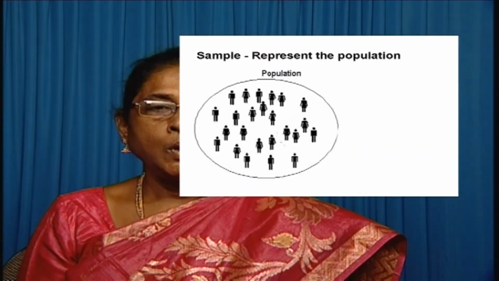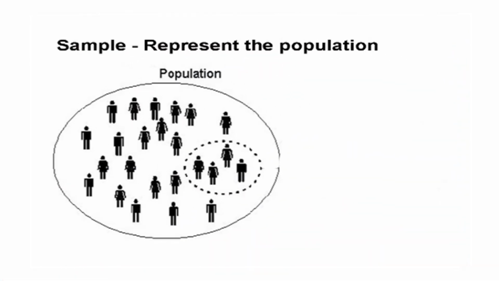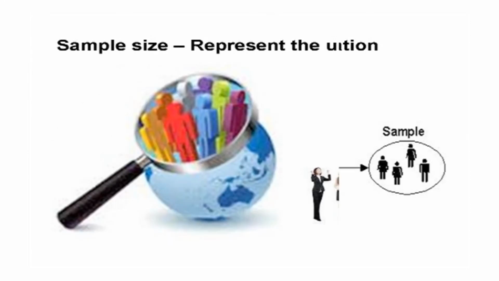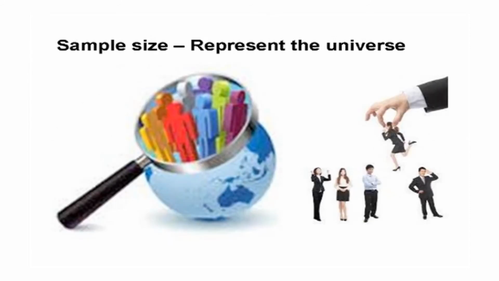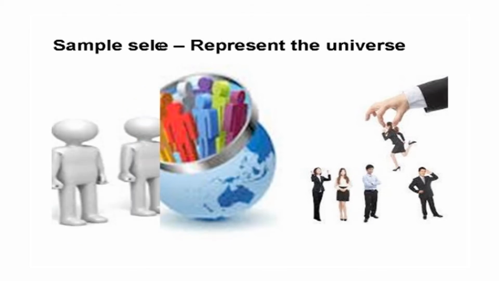Characteristics of a good sampling. A good sample should possess some important features. These are: 1. The sample should be representative of the population under study. 2. The size of the sample should be adequate to represent the universe. 3.